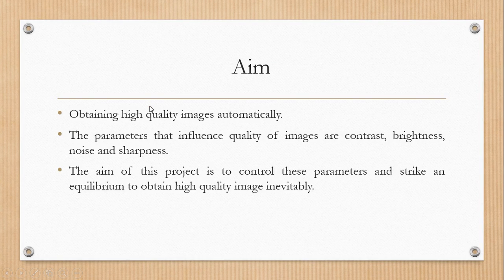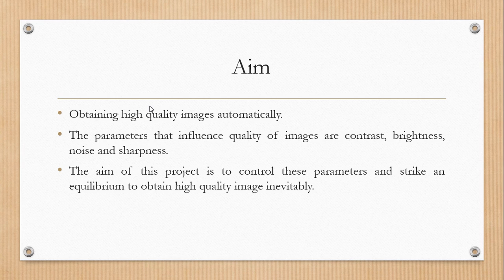So our main aim is to provide good high quality images automatically. The user has to just submit an image and the output of the image that is obtained should be of high quality. So when we talk about quality, there are certain aspects of an image which determine the quality of an image.